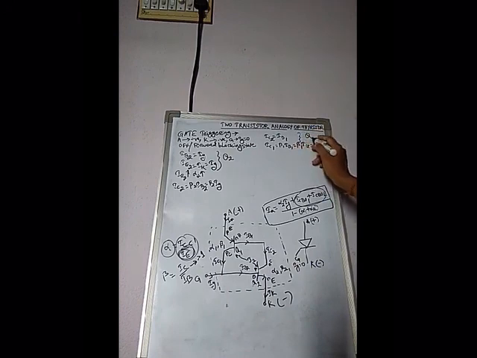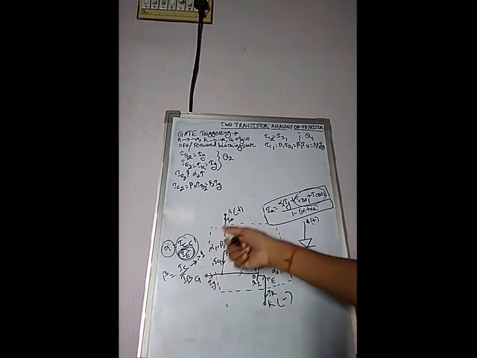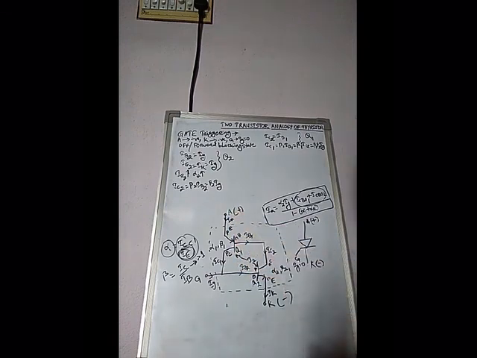For Q1, IB1 exists, and now IC1 also exists. Once IB1 and IC1 exist, there is establishment of emitter current IE1 for Q1, and IE1 is equal to IC1 plus IB1.